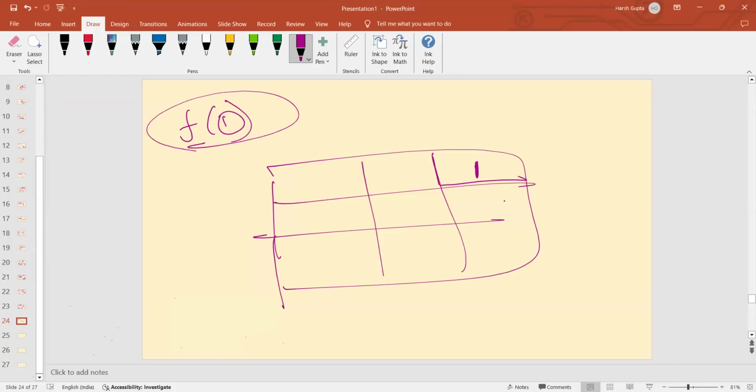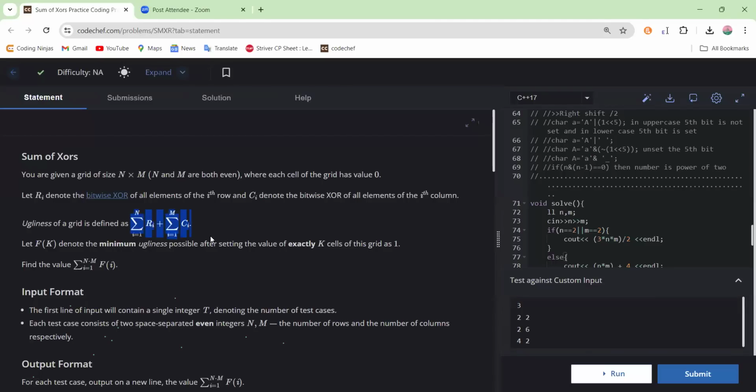So f of k is, if you are filling k cells with 1, then what is the minimum possible value of this ugliness? So f of k denotes the minimum ugliness possible after setting the value of exactly k cells of the grid as 1. So your question is that you are setting one cell, two cells, three cells, up to, there are a total of n multiplied by m cells in this grid, isn't it?